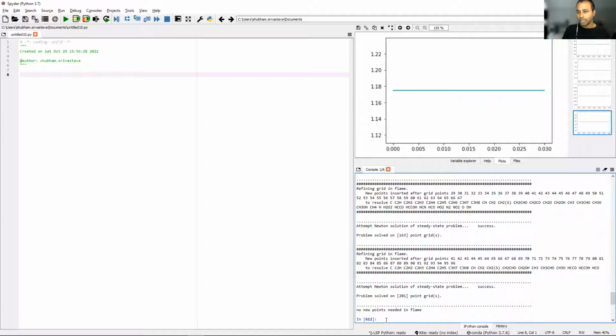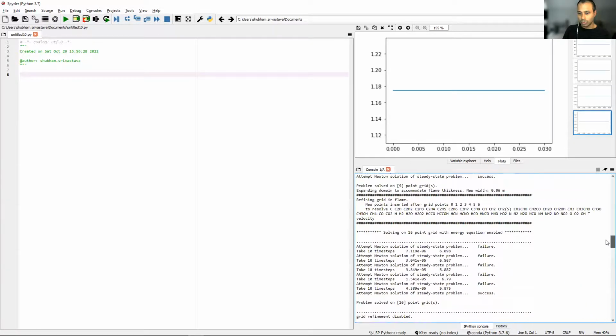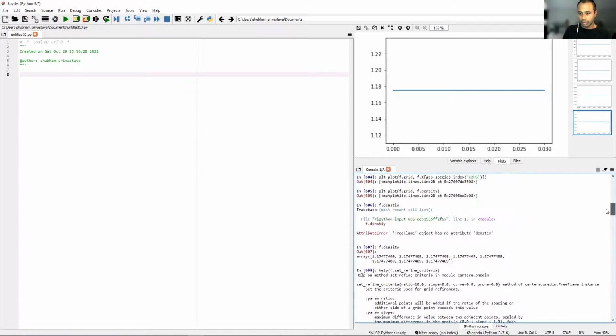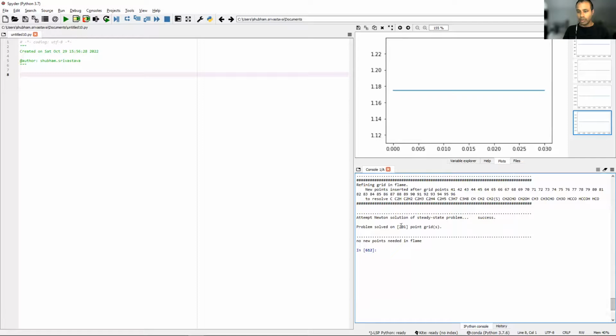If you remember, we only started with a few grid points. The grid initially was just 8 grid points, including the start and the end point. Now, at the end of the solution, you have 201 grid points, so Cantera has actually gone in and refined the grid.